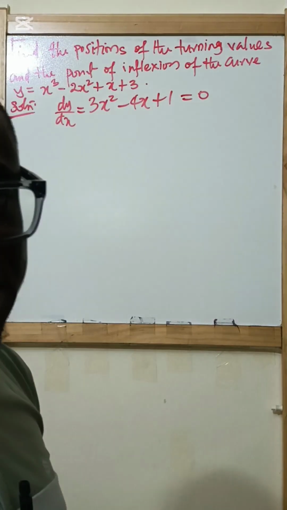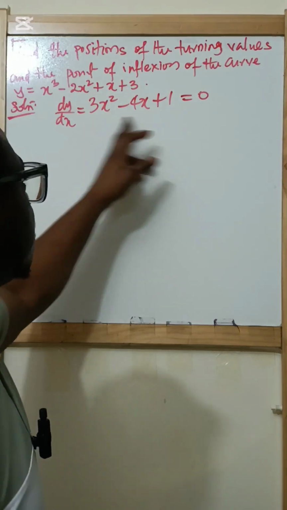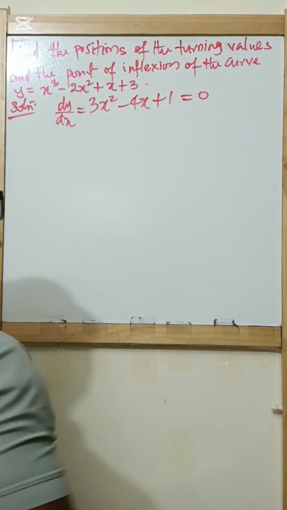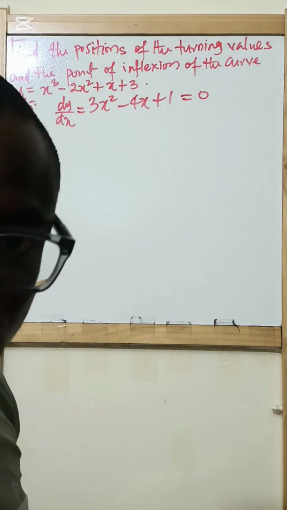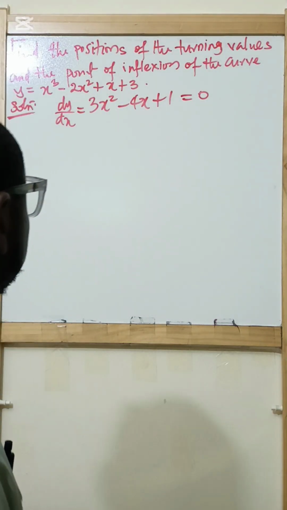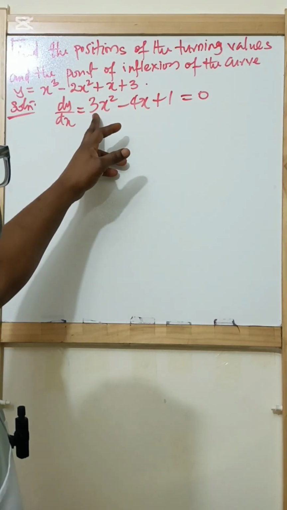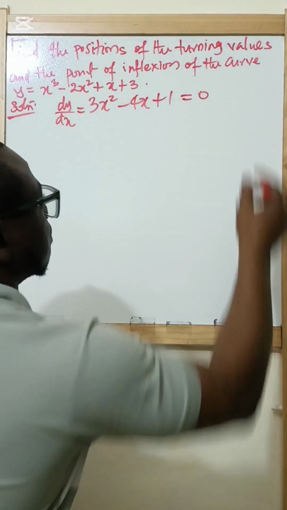or at the stationary point. What happens? dy/dx is equal to 0. This is a quadratic equation that we can solve by factorization. How do we solve by factorization? You multiply this by this, so that will be 3x squared.